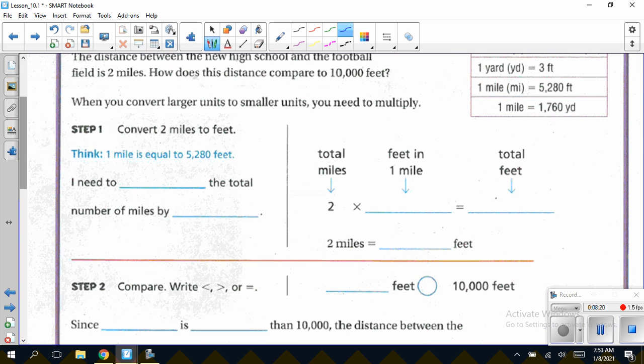So again, thinking of our saying, I want to change the 2 miles into feet. So a mile is much longer than a foot. So for here I have horse to fly. So I'm going to need to multiply.